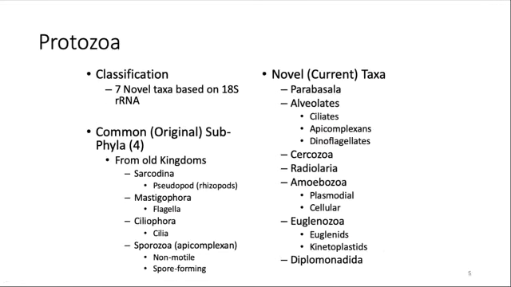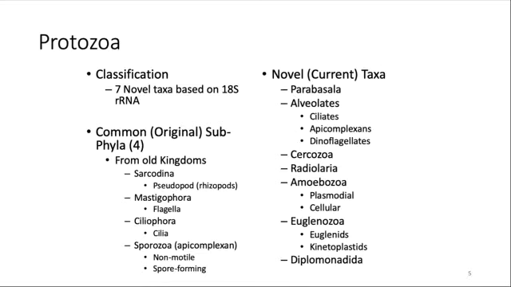There are seven novel or new ways of classifying protozoans based on their rRNA sequences. Remember, the rRNA sequences are some of the most conserved regions of organisms, so it's relied on heavily. Previously, there were four old groups that were used to classify protozoans.